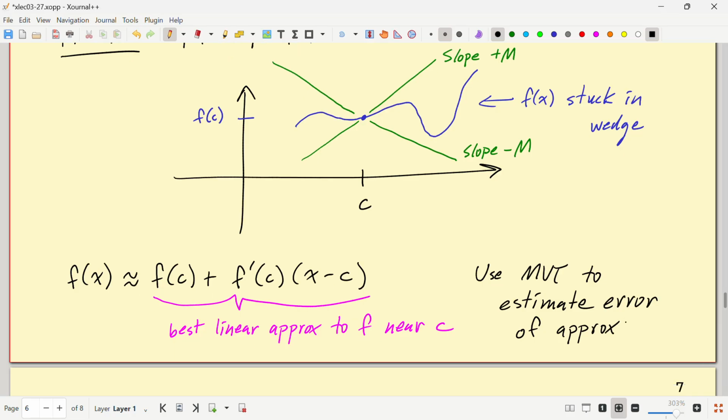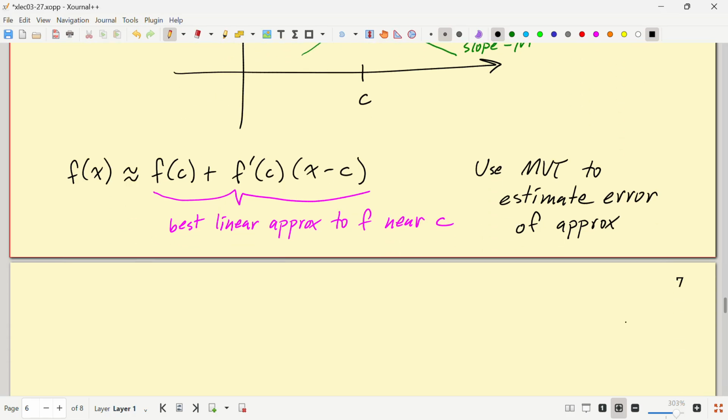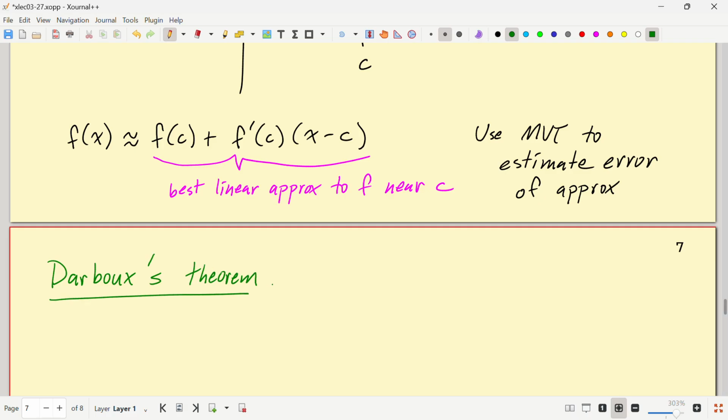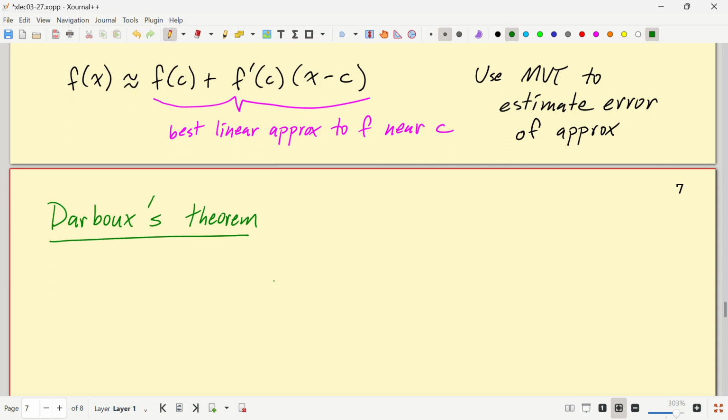Well, I'm not going to have time to talk about Darboux's theorem today, but it's a fascinating thing. He was French. I want to state it.